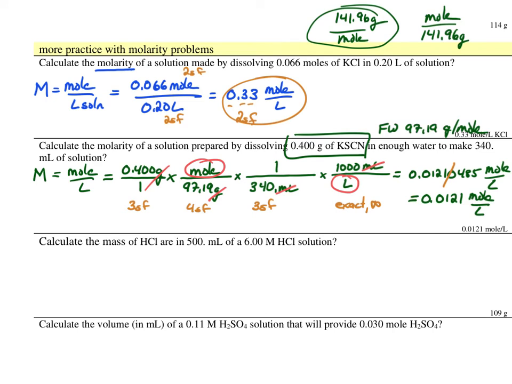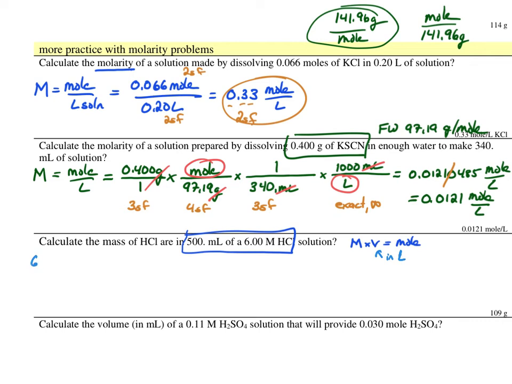For this next problem, we want to know the mass of our solute contained in a certain volume of a certain molar solution. So we can calculate our moles, and then from our moles, using our formula weight, calculate the grams. Okay, well, remember, we're always going to have to express our volume in liters if we want this factoid to work.